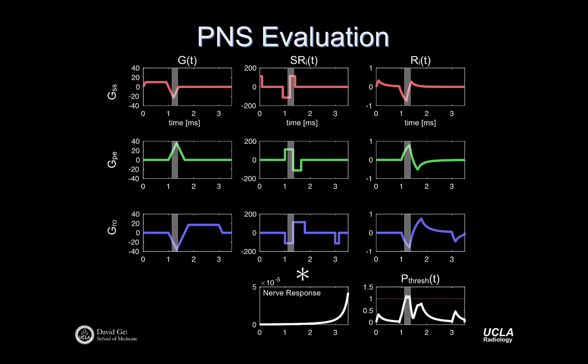And so you have to change your sequence such that you can get below this threshold criteria and have an acceptable sequence. So this is being done continuously on the scanner. A lot of details there about peripheral nerve stimulation. The big thing is slew rate is what dictates the likelihood you have for peripheral nerve stimulation.